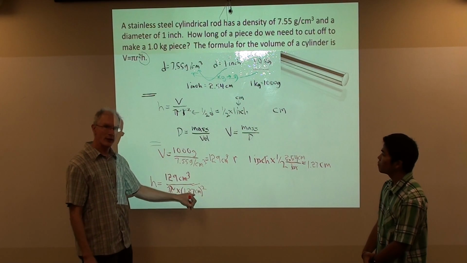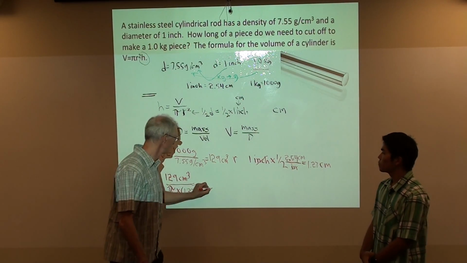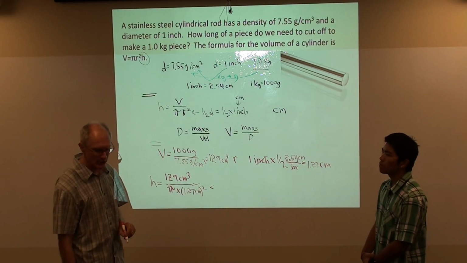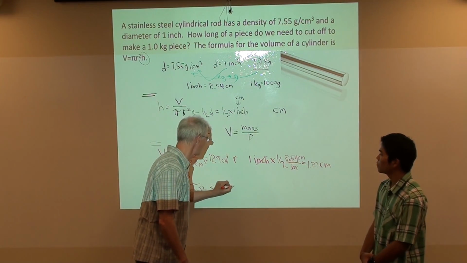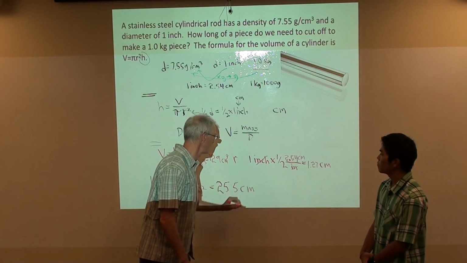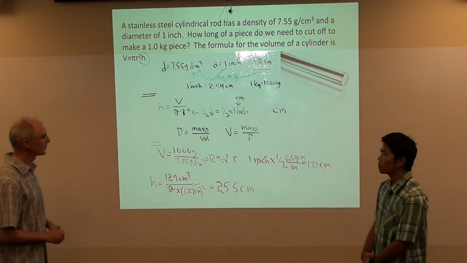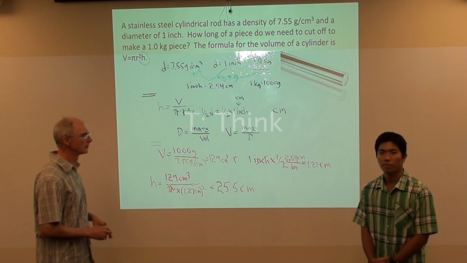And I have to square the number as well as the units, and that'll allow me to calculate H, which if you plug that into your calculator, you get 25.5 centimeters. Right, so a lot of different steps.